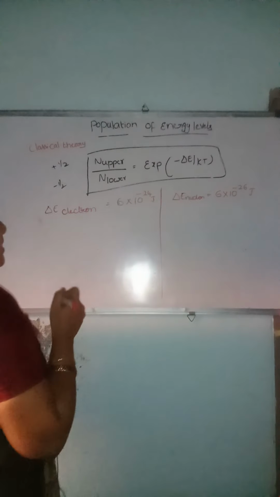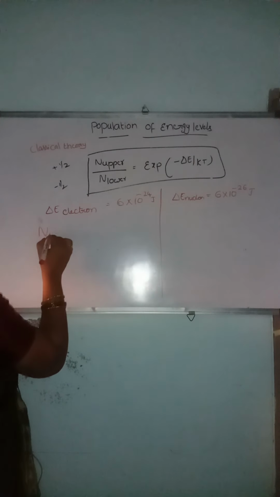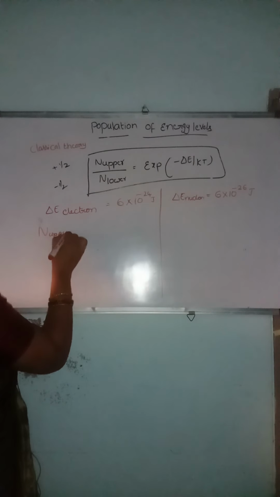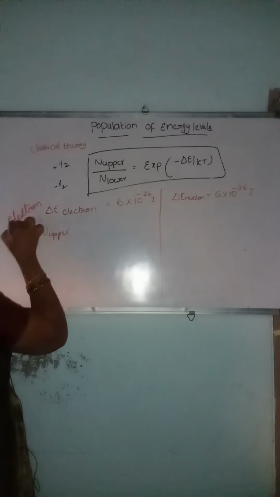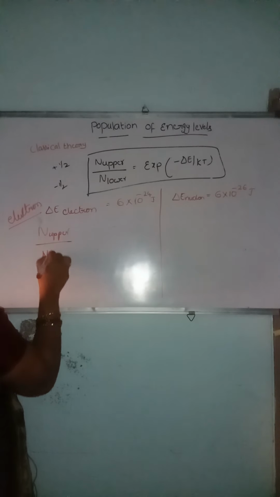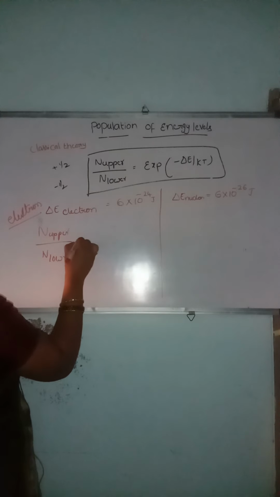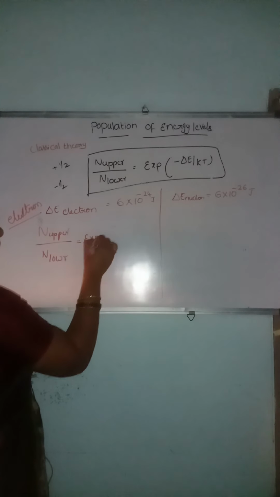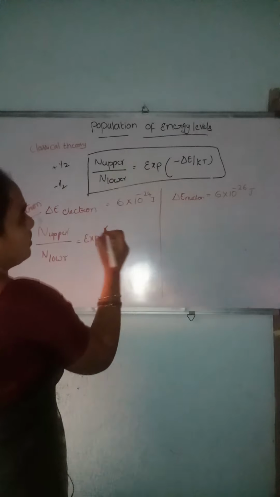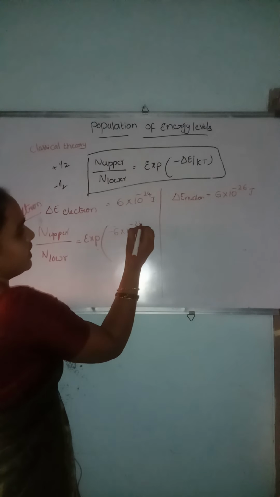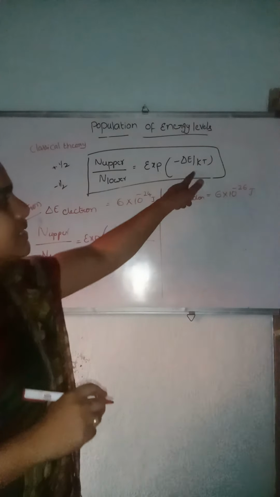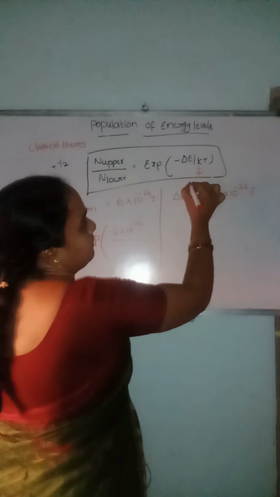Then first we will calculate the ratio of upper states, this is only for electrons, N upper by N lower is equal to exponential of minus delta E for electron, 6 into 10 power minus 24, divided by kT, where k is Boltzmann constant.